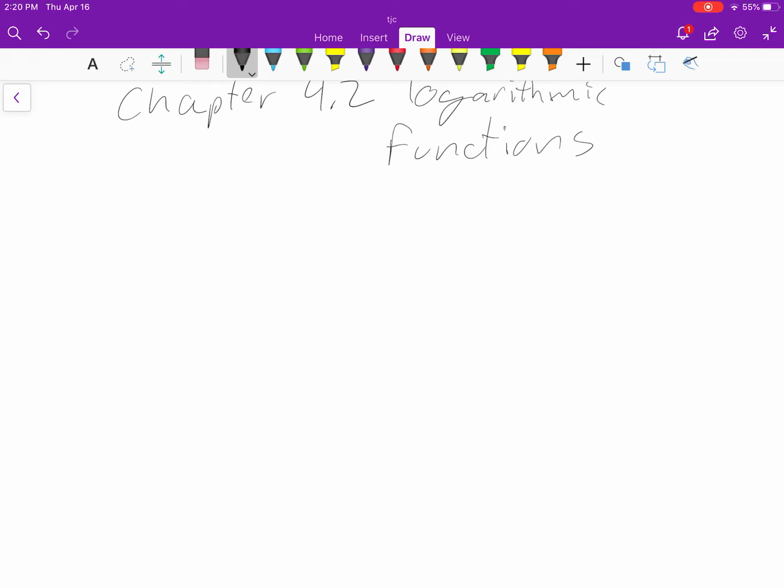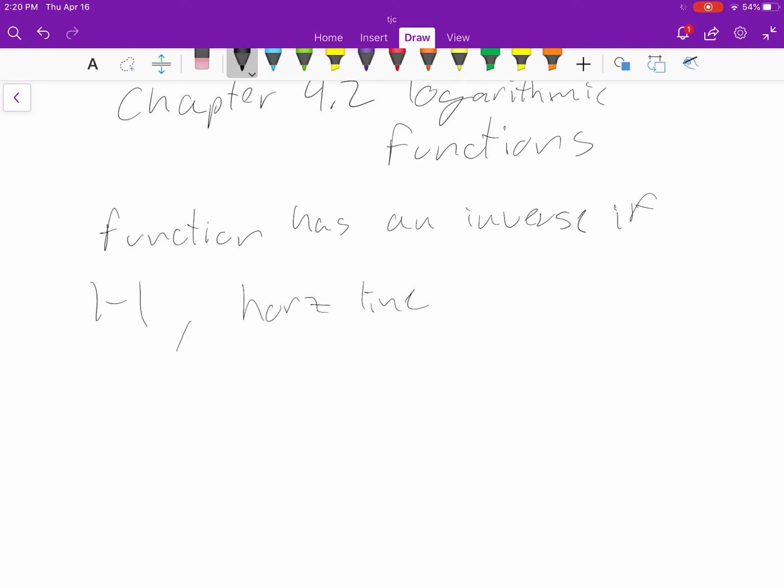So remember, a function has an inverse if it's 1-to-1, if it passes the horizontal line test, if you remember this from earlier.